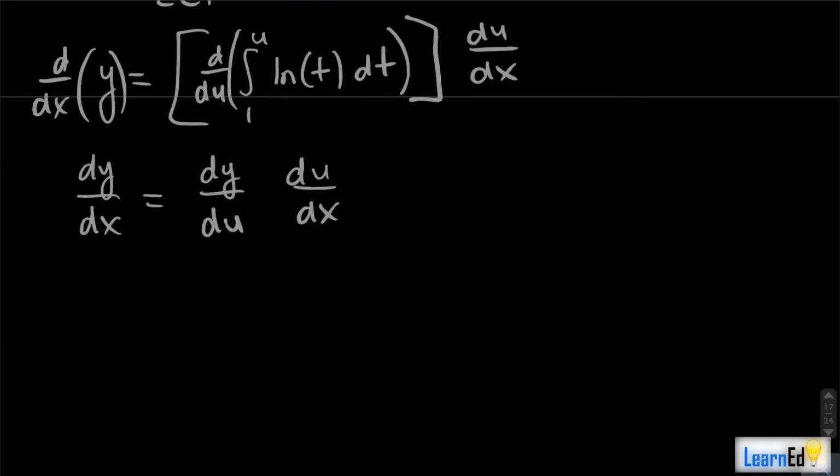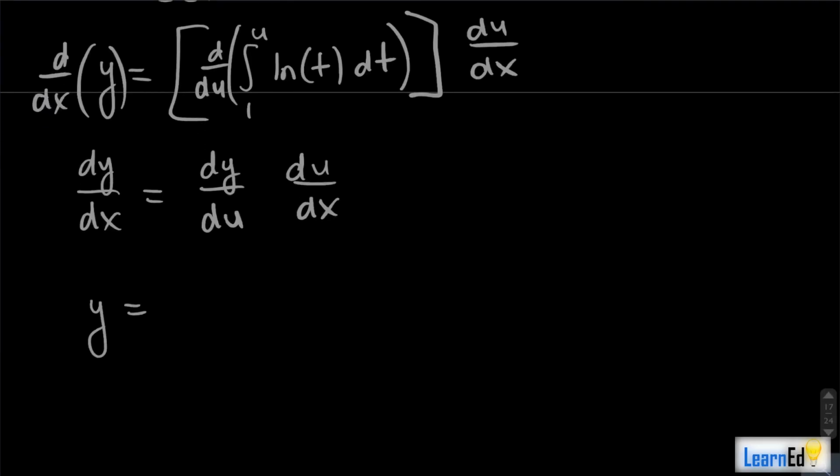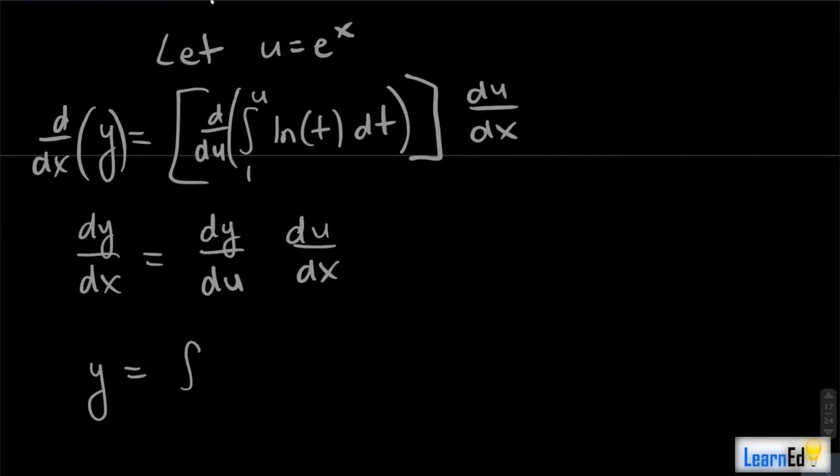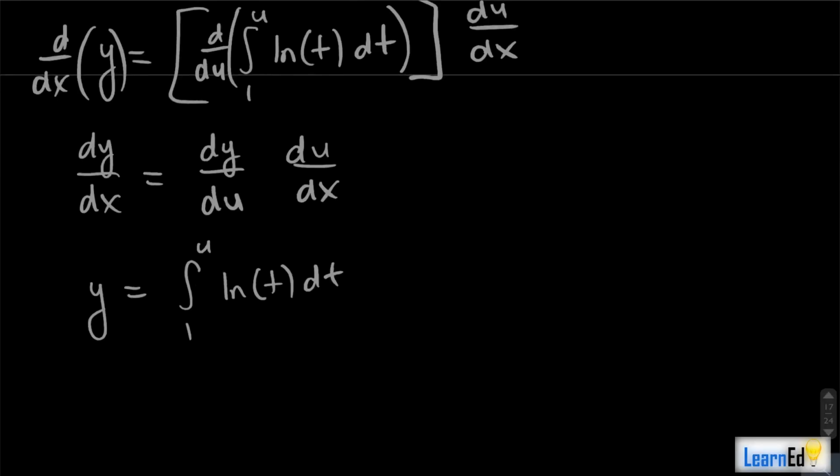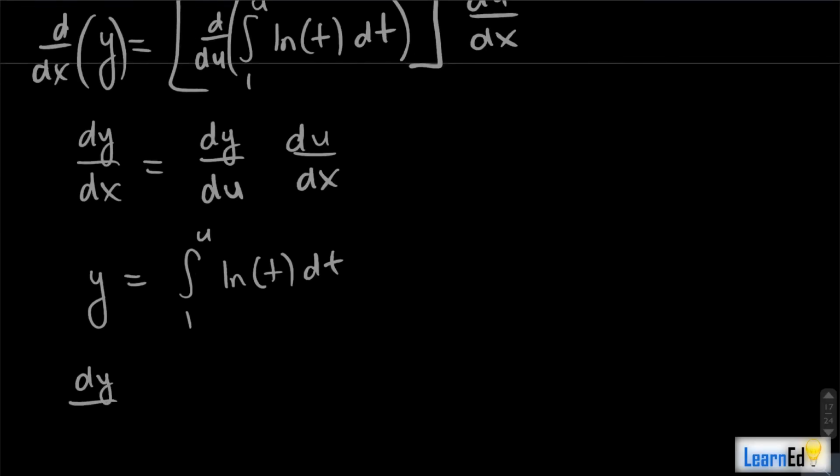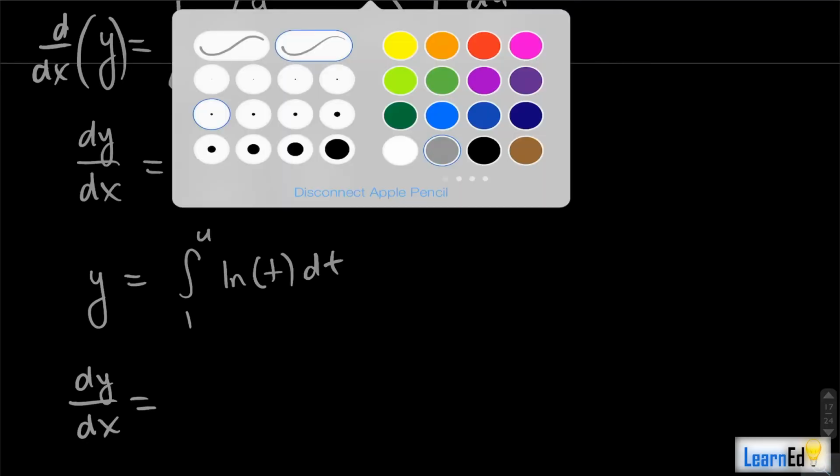We set y equal to the integral of 1 to the u of natural log of t dt, and through taking a derivative, we would get our dy du piece, which in this case will end up being, what color are we on?